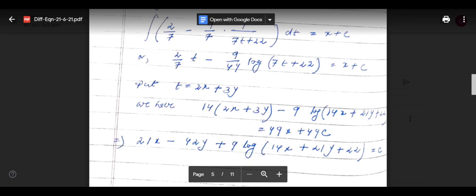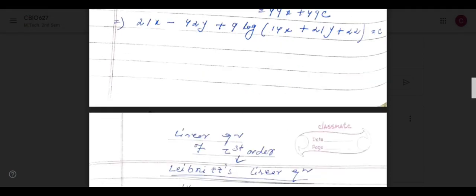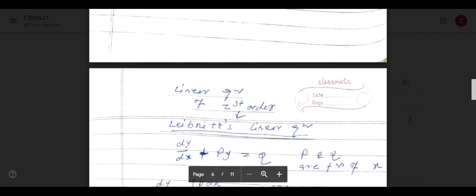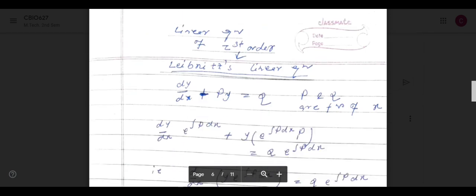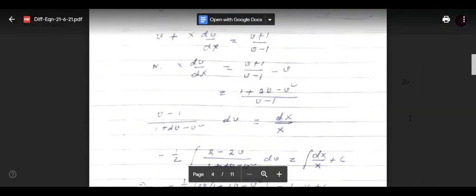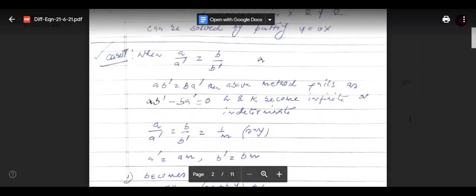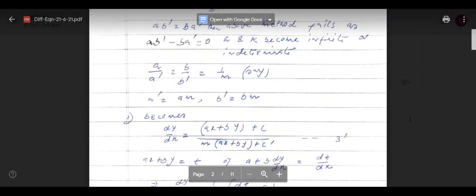So you learned all this, or homogeneous, or how to reduce to homogeneous form? That thing you learned? Yes, ma'am. Then good. Then you should learn in advance. I'll give some problems in second order derivative there. Double integration, you learned?